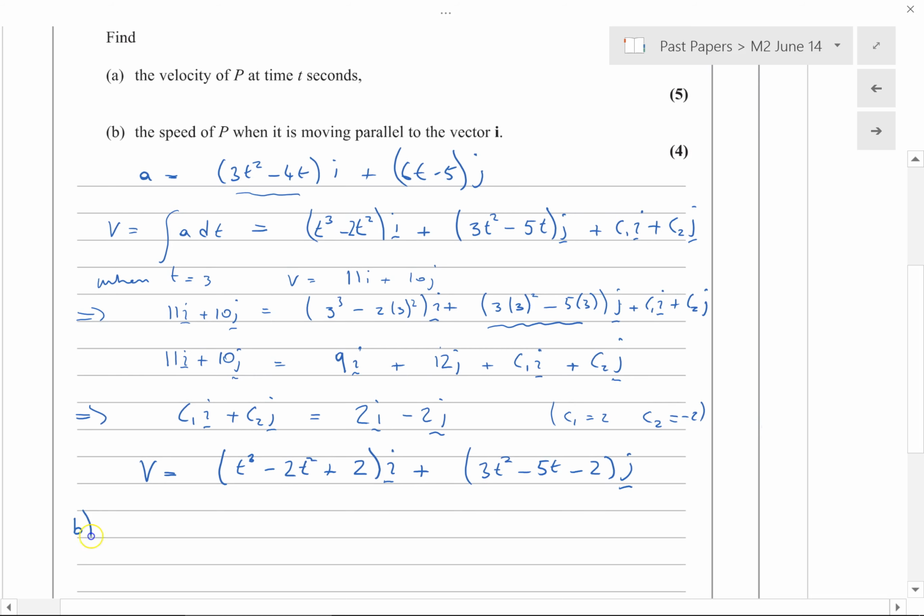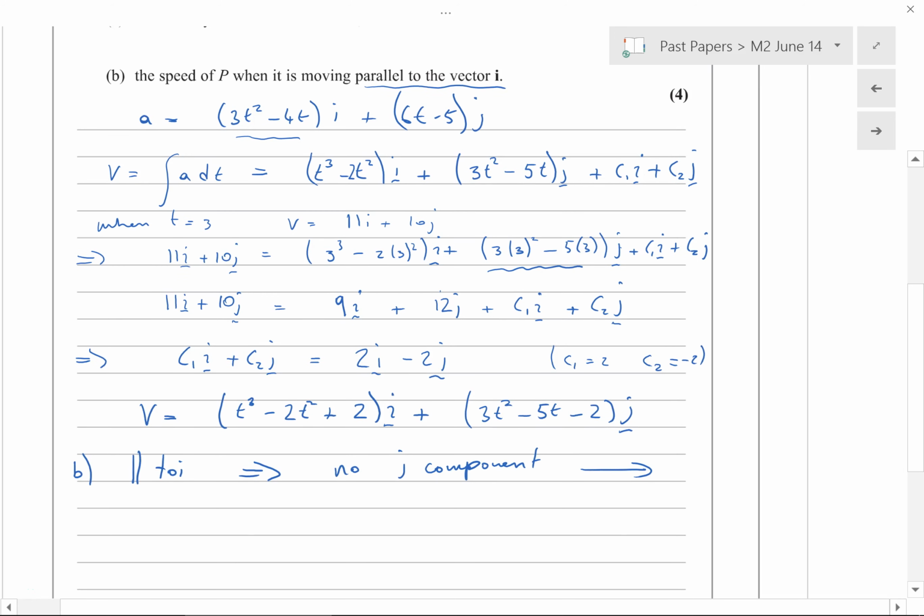Then it says find the speed when it is moving parallel to i. Parallel to i means there's no j component. It just means it's going in one direction, no j component.